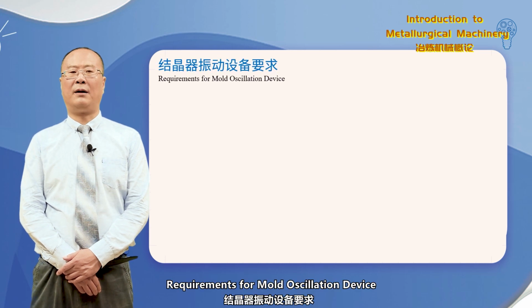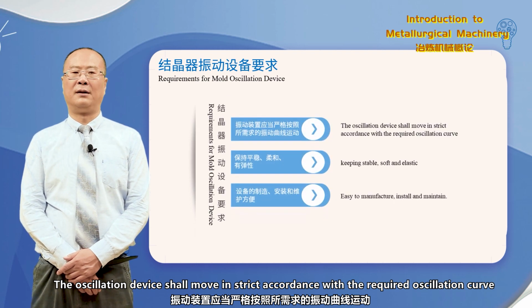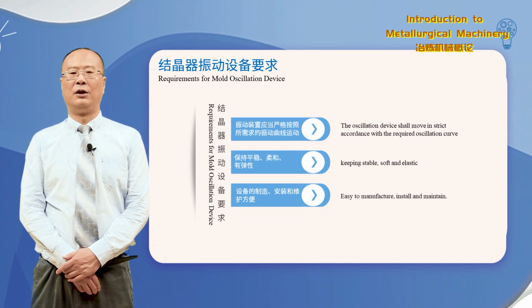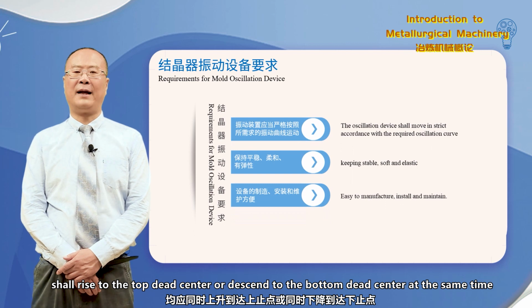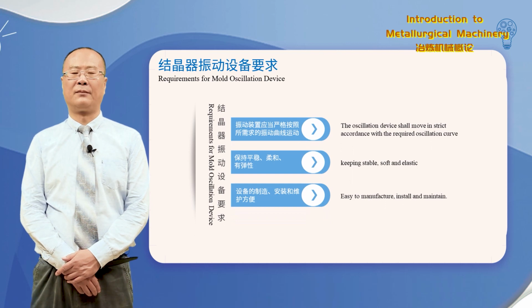The requirements of the mold isolation device. The first, the isolation device shall move in strict accordance with the required isolation curve. The four corner positions of the whole isolation frame shall rise to the top dead center or descend to the bottom dead center at the same time.